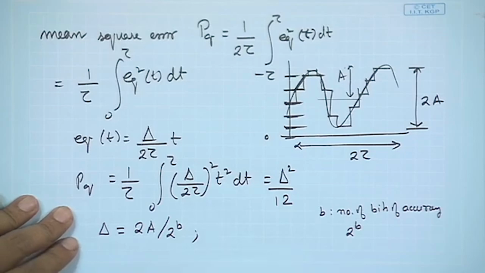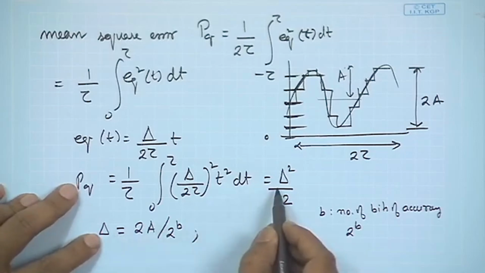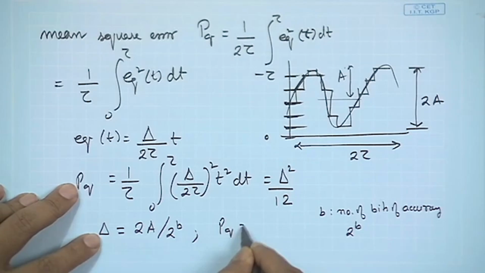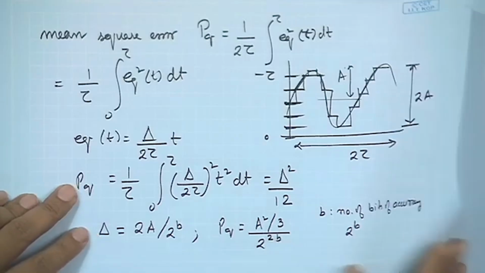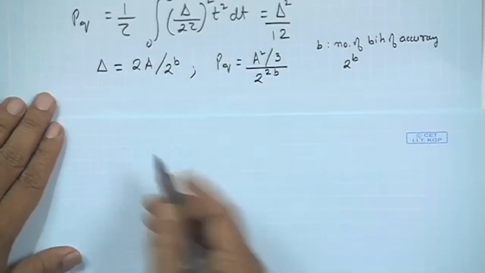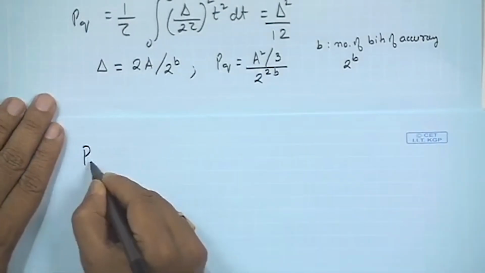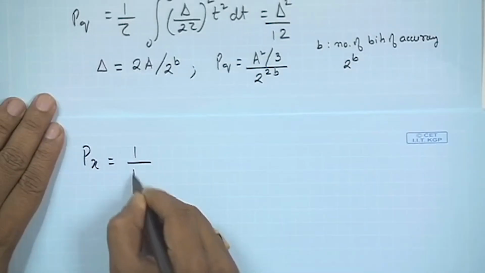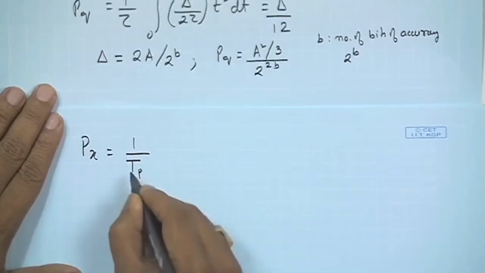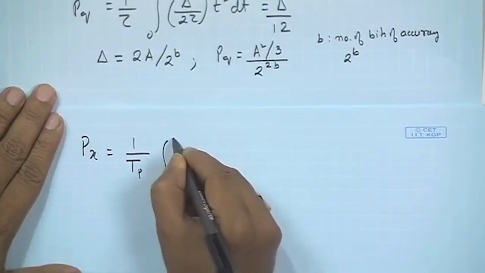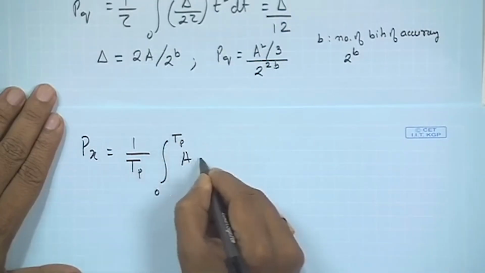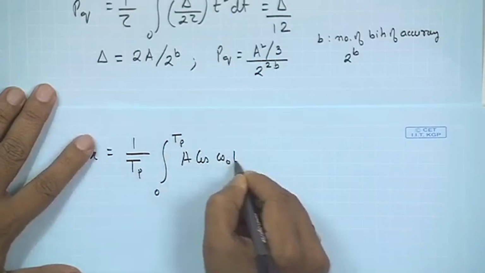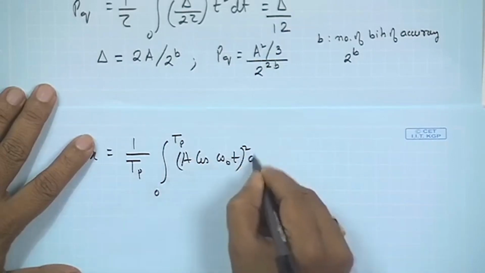In this case, using this expression, we can calculate P_q to be a squared upon 3 by 2 raised to the power of 2b. Now, if we proceed and consider the average power of the signal, P_x is equal to 1 by T_p, taking one period of the sinusoid, 0 to T_p of a cos omega naught t, squared, dt.